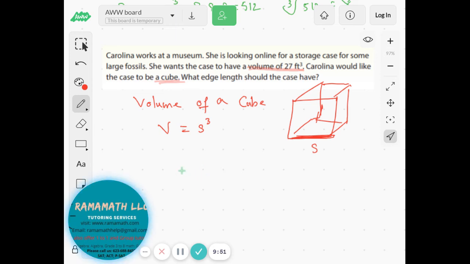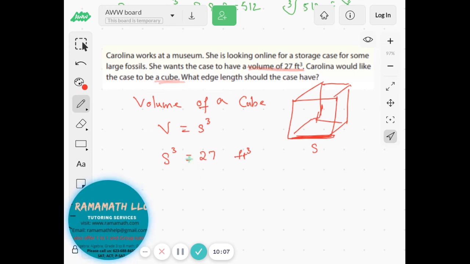Side length times side length times side length will give you the volume. But they give you the volume already, which is 27 feet cubed. So that means S cubed is 27 feet cubed. You understand that? Because they gave you the volume.